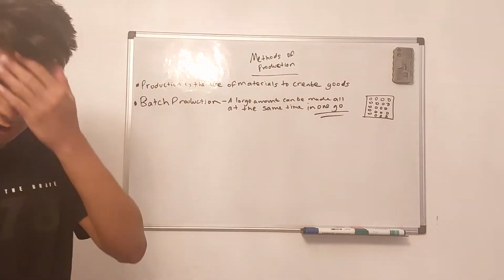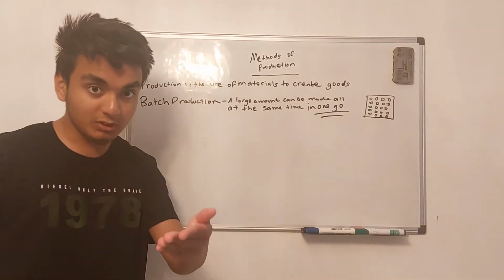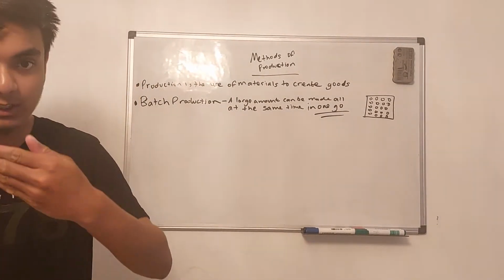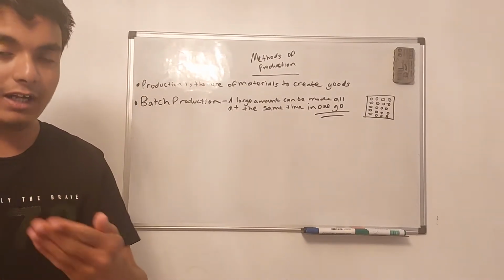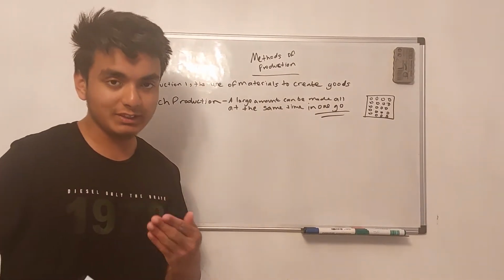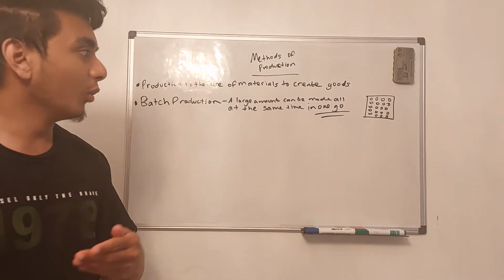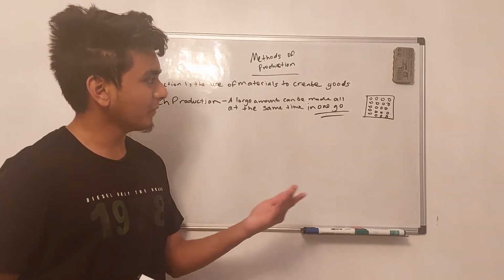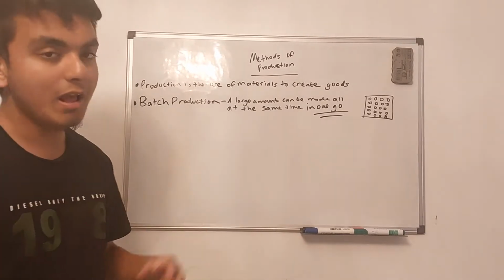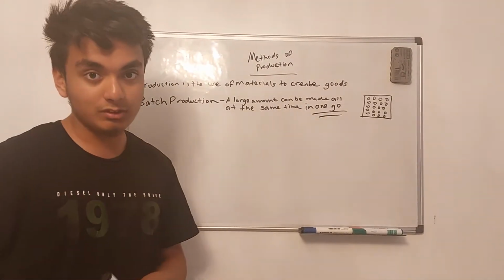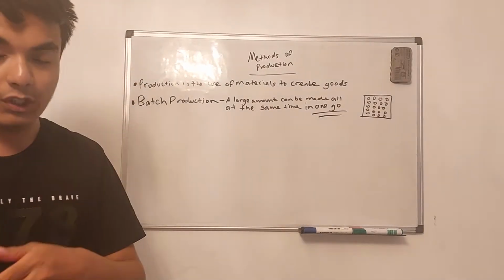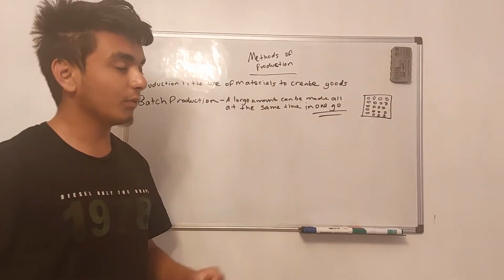That's a really efficient technique, and it's less time consuming, but the problem is it's heavily reliant on technology. If there's one error in the production process, for example the machine breaks down, or there's a scratch on the tray, or a defect on the cake, or the cake gets burnt, you'll have to start the process all over again.